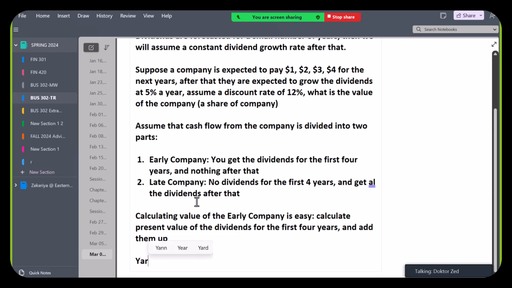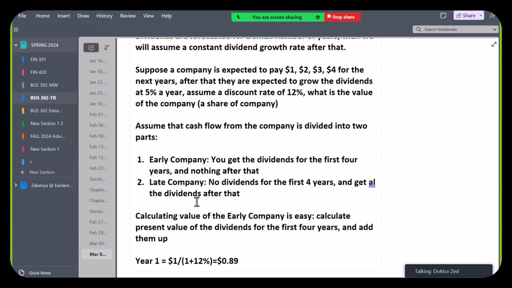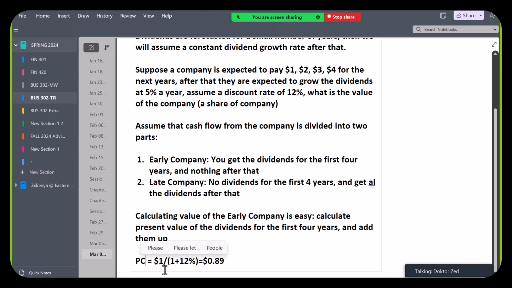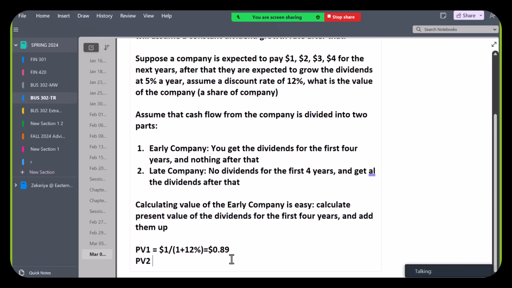Well, year one, you're going to get exactly $1 and divide that by 1 plus 12%. So that $1 you're going to get 1 year from now is worth 89 cents now. In fact, let me call this PV1, 89 cents. PV2, you will get $2, but you're going to discount that at 1 plus 12% raised to the power 2.